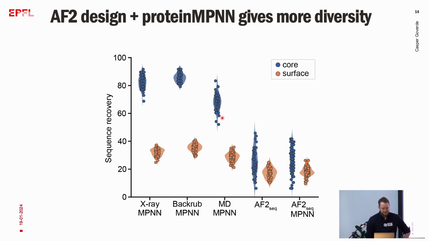But we still get very high sequence recovery in the core. But then when we use AlphaFold, it really starts redesigning the core of the protein. So when we just use the AlphaFold backpropagation, we term it AF2seq. We get a completely different core, and when we then pass it through MPNN, again, we're going to be about 20% sequence identity. So it's a completely different protein.